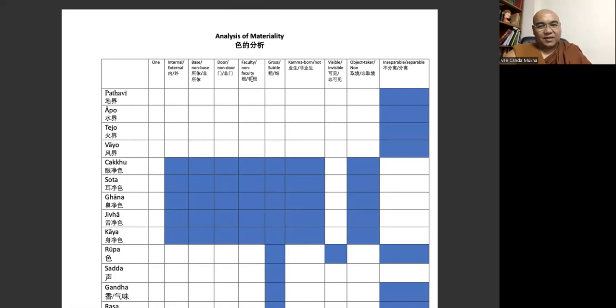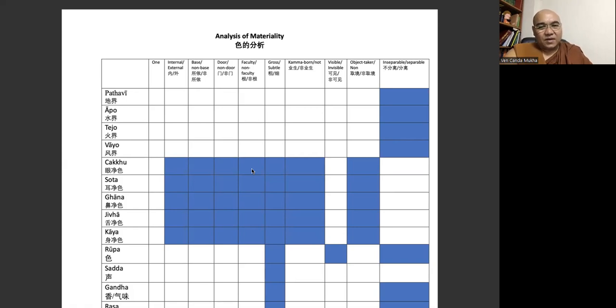Then another: some rupa serve as Indriya, but the others cannot serve as a faculty. Here the point is faculty and non-faculty. Some of the rupa can serve as a faculty. Faculty in Pali is called Indriya. They govern like a governor.